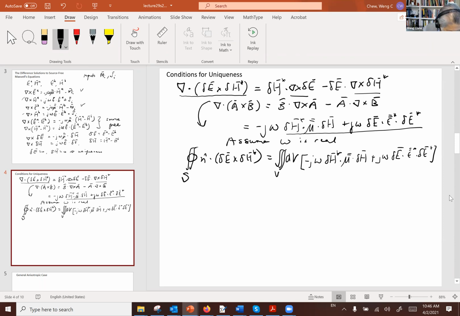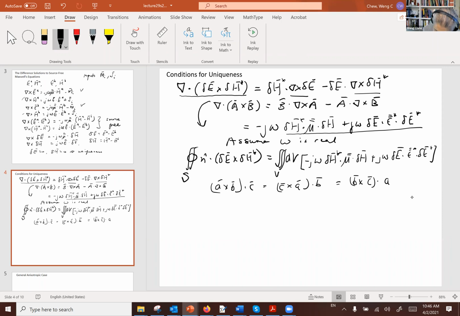Okay, so the left-hand side can be converted into a form that is easily connected to the boundary condition if you use this cyclic relationship. And this you should know, A cross B dot C is C cross A dot B is equal to B cross C dot A. You just cycle the thing around and this identity is retained.